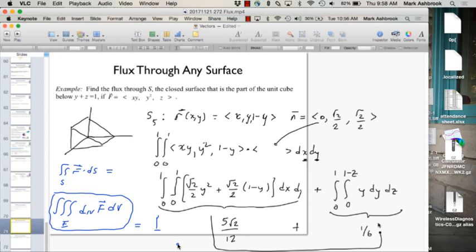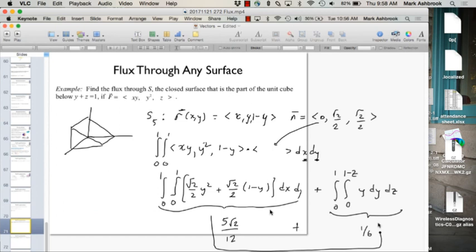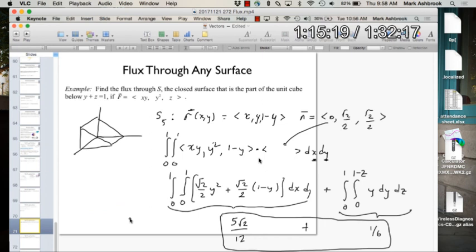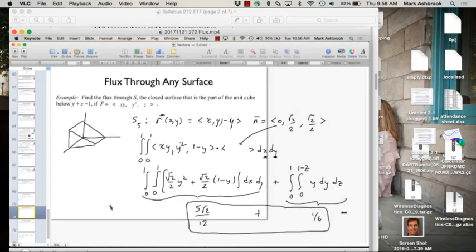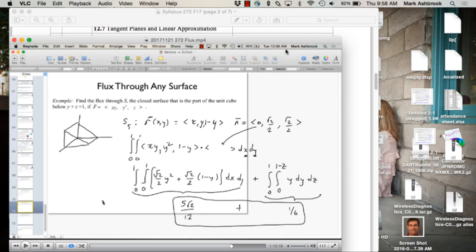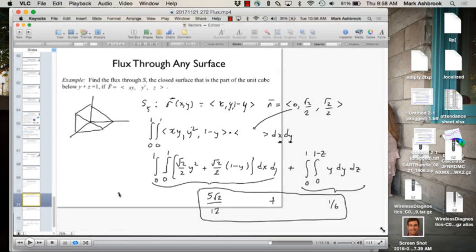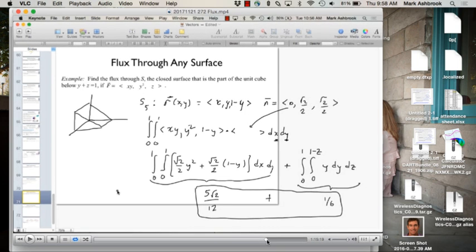Okay, so we made the same mistake on the other example in recitation. So let's correct that too. The other example we did in recitation was the cone.